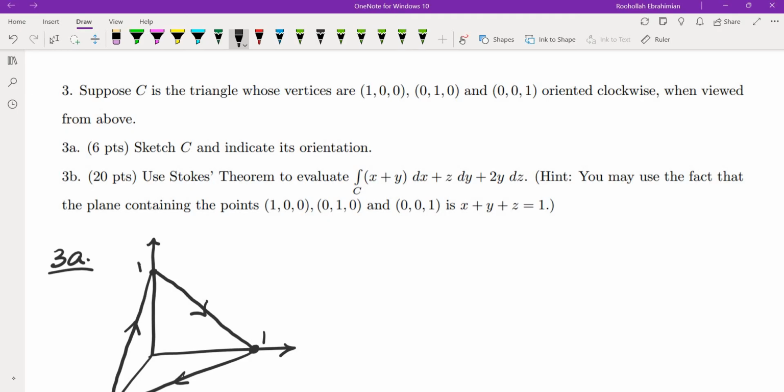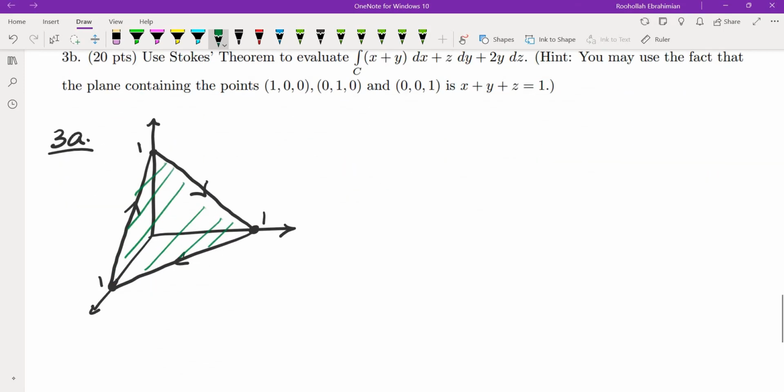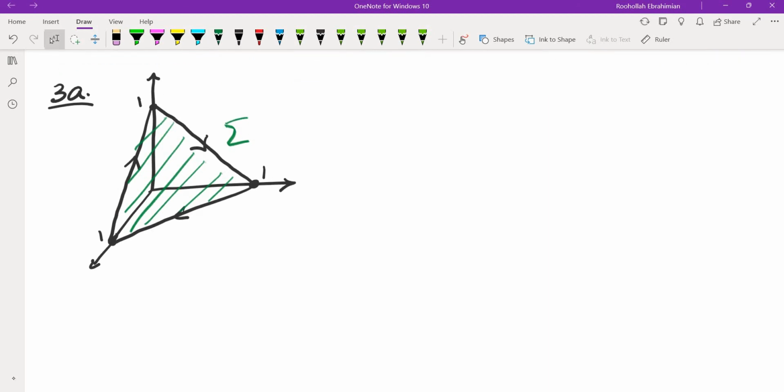Use Stokes theorem to evaluate this line integral. And they also gave us a hint that the equation of the plane is x plus y plus z equals 1. So in order to use the Stokes theorem, we need a surface whose boundary is C. So what surface? Clearly the portion of the plane that is inside the triangle is a good choice of surface.